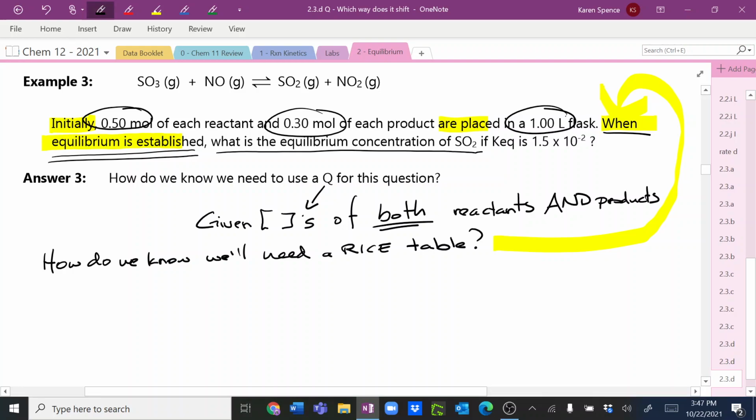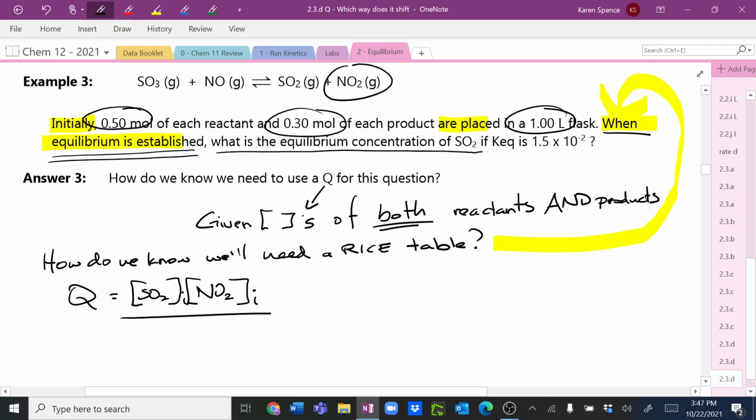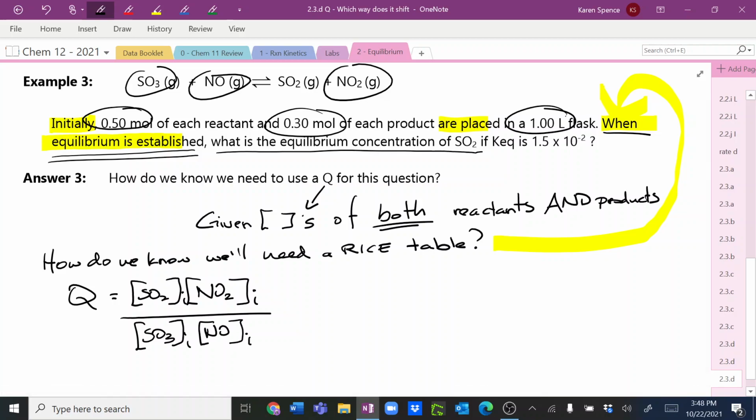In order to do Q, we need to have Q equal to the concentration of SO2 initially times the concentration of our other product, NO2, initially, over reactants, SO3 initial and NO initial. Our concentrations here are pretty straightforward.